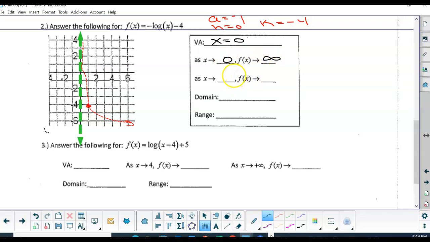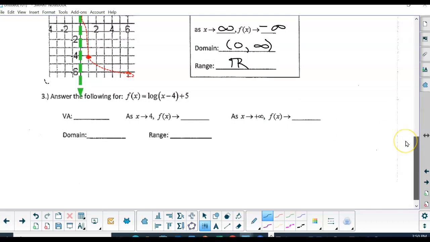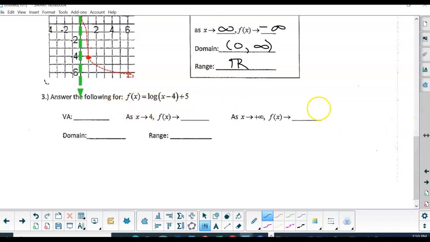As x goes to infinity, f of x is going down to negative infinity. The domain is 0 to infinity, and then the range is everything, double bar R. So just knowing our A, H, and K, we can look at our end behaviors, vertical asymptote, and domain and range.